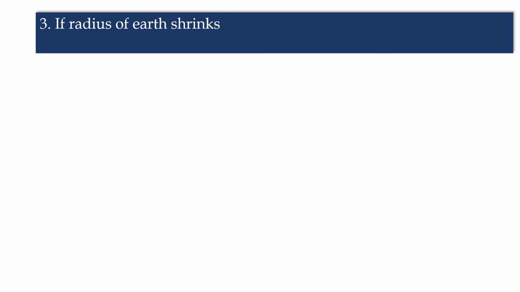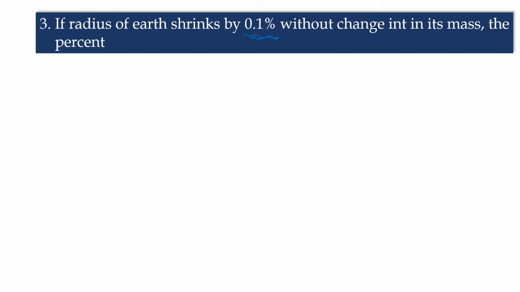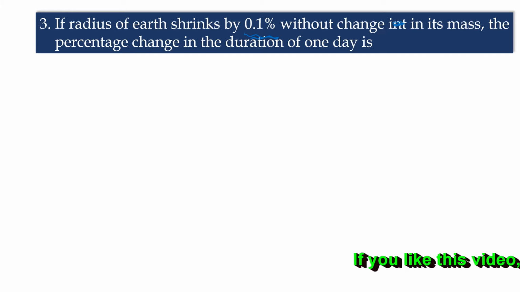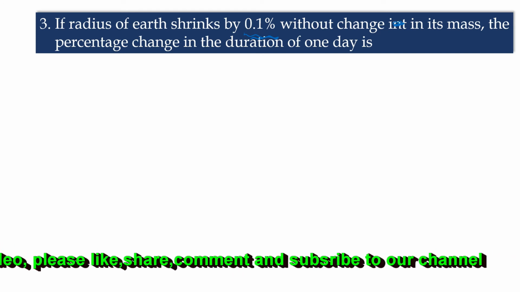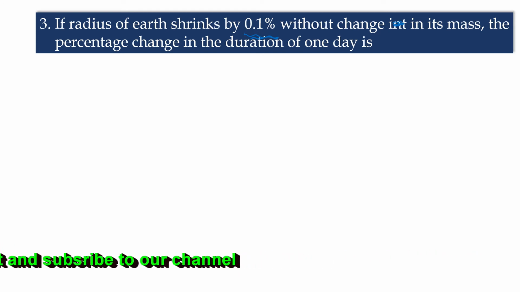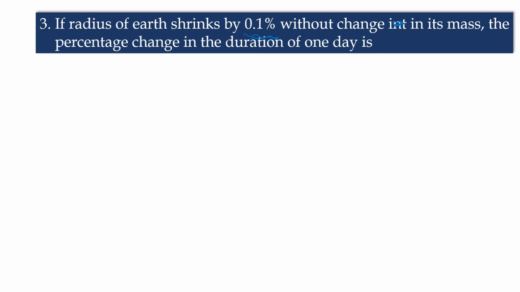If radius of earth shrinks by 0.1% without changing its mass, the percentage change in the duration of one day is, here we have to calculate the percentage change in the duration of one day. Let us go to the solution.